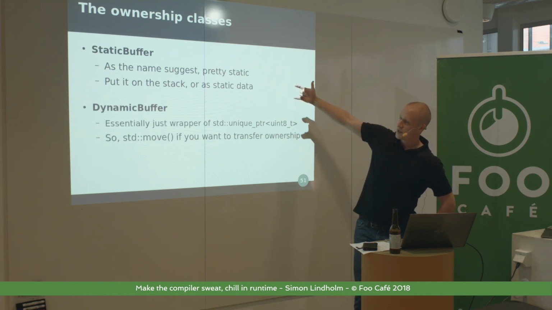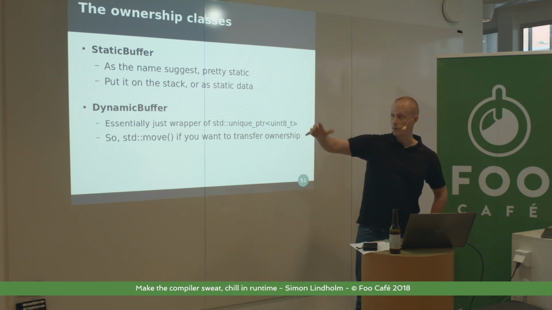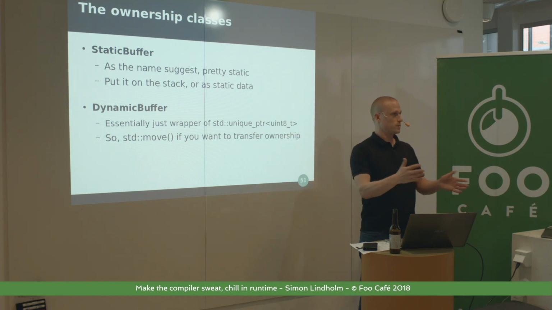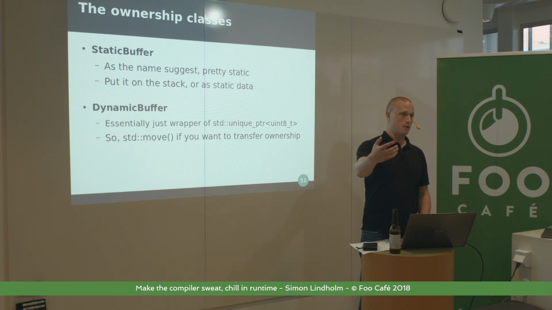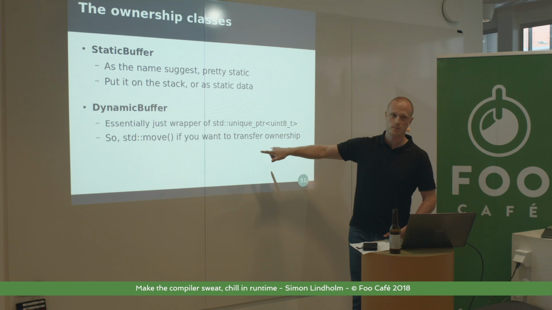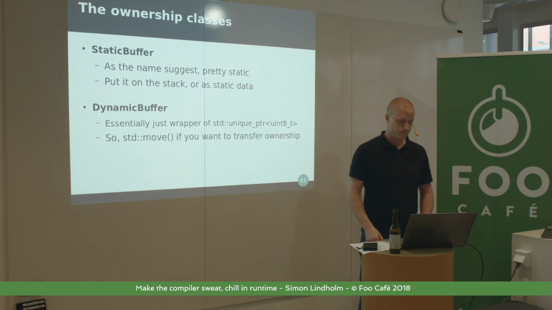So static buffer, put it on the stack or in static data or wherever, and dynamic buffer does memory allocations. And since it's a wrapper for a unique pointer, if you want to move the data to some other dynamic buffer, you just use the normal std::move semantics.